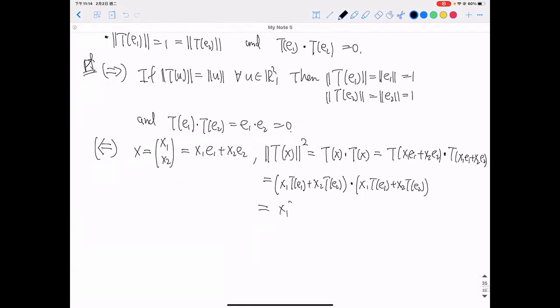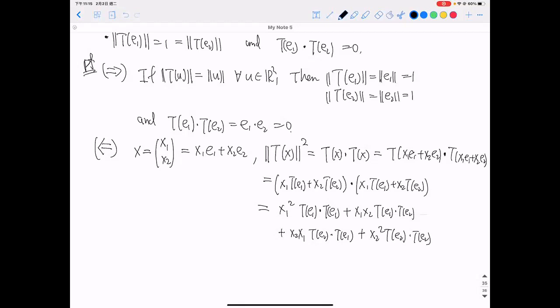You get x1 squared T of e1 dot T of e1, plus x1 x2 T of e1 dot T of e2, plus x2 x1 T of e2 dot T of e1, plus finally x2 squared T of e2 dot T of e2.